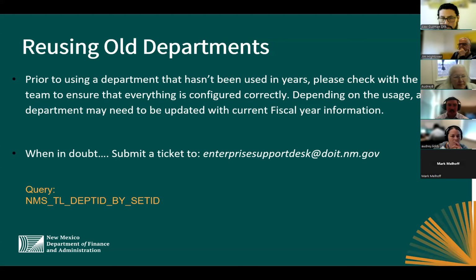So if you have any doubts on whether or not it's set up correctly, just send us a help desk ticket to that enterprise support desk email. We also have a query for that. In gold NMS TL department ID by set ID, it'll list all the departments for your agency.